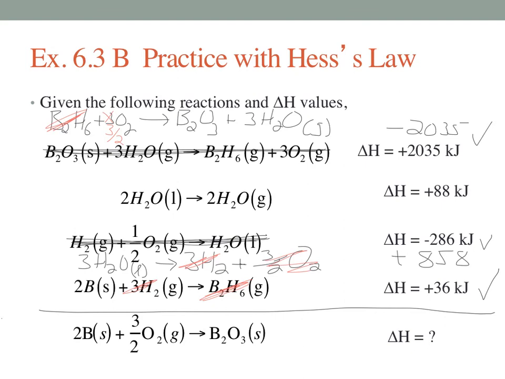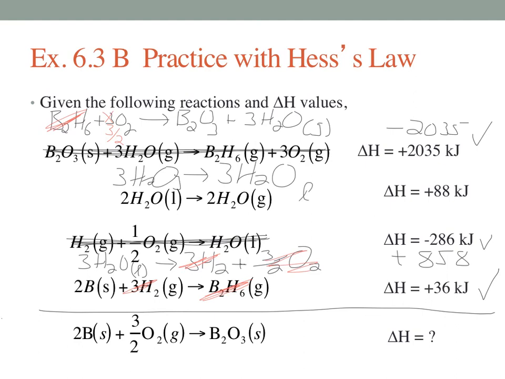And we actually need to flip it so that the gases and the liquids are on opposite sides so that these will cancel out. So flip it, and then if we multiply it by 3 halves, we can get coefficients of 3. So yes, fractions can be a part of this thing. That will give me 3 H2O gases turning into 3 H2O liquids.